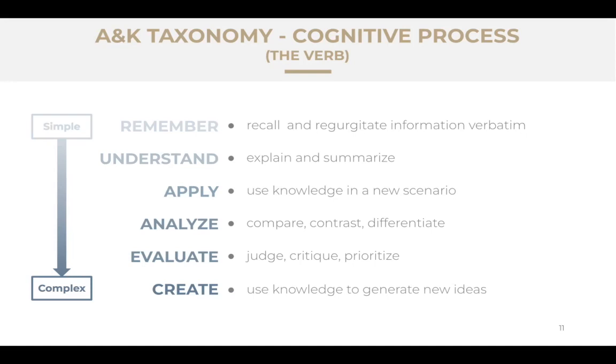So you internalize the information a little bit better. Apply means being able to use knowledge in a novel scenario. Analyze basically means being able to compare, contrast, and differentiate between multiple things. Evaluate means being able to judge, critique, and prioritize, and create means being able to generate new ideas. Right? So these are from simple to complex.